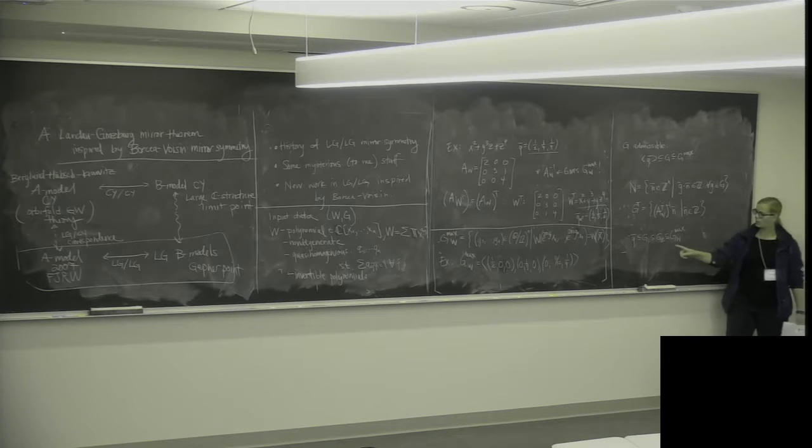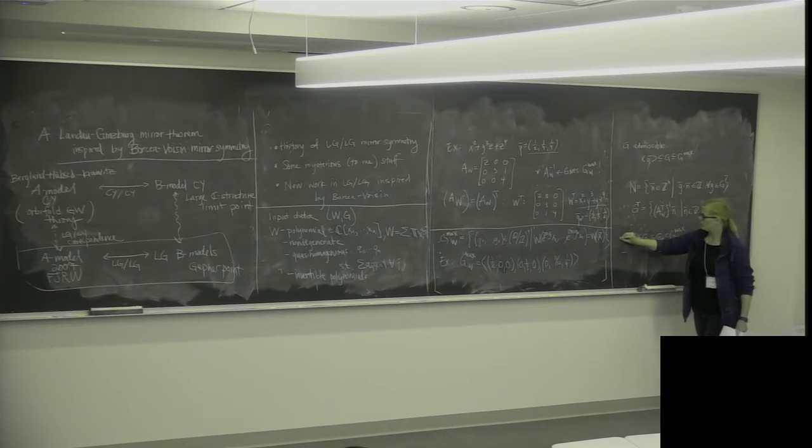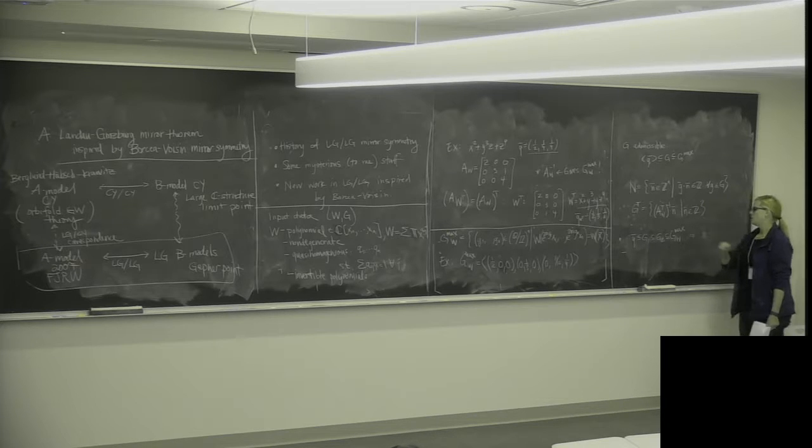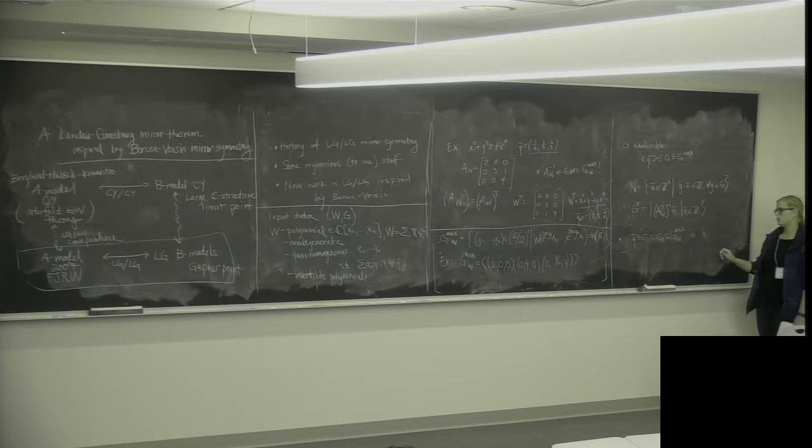If I have two admissible symmetry groups in the A model, G1 contained in G2, then their duals, as you might guess, will have a reverse inclusion. And in fact, they'll both be contained in the maximal symmetry group for that polynomial, and they'll also be contained in the special linear group associated to that polynomial.